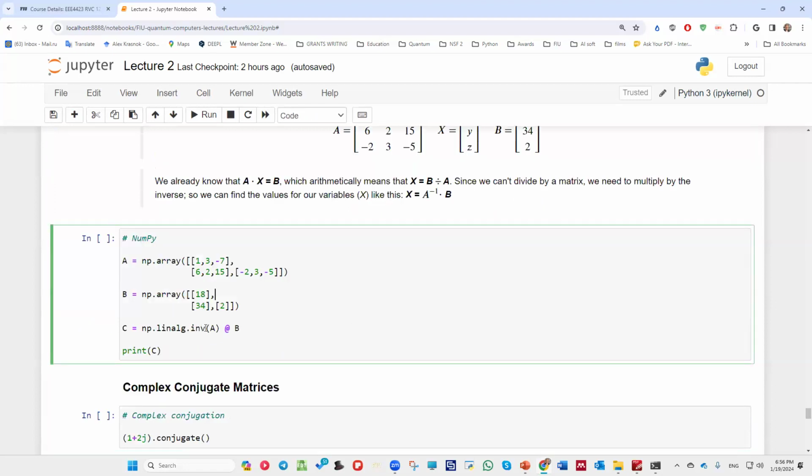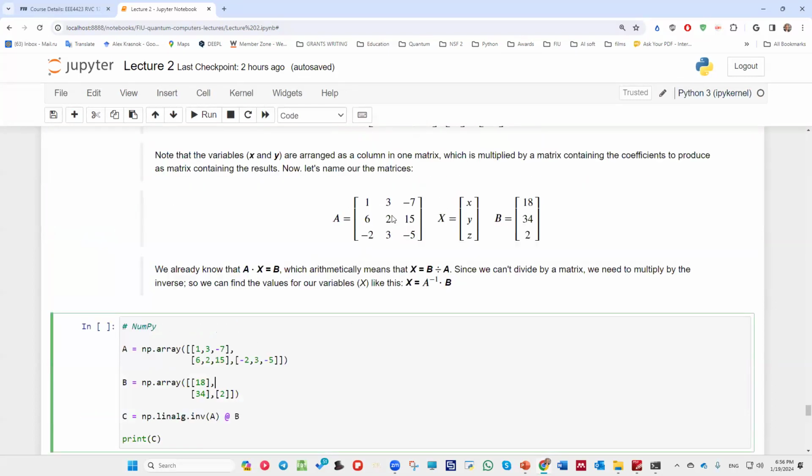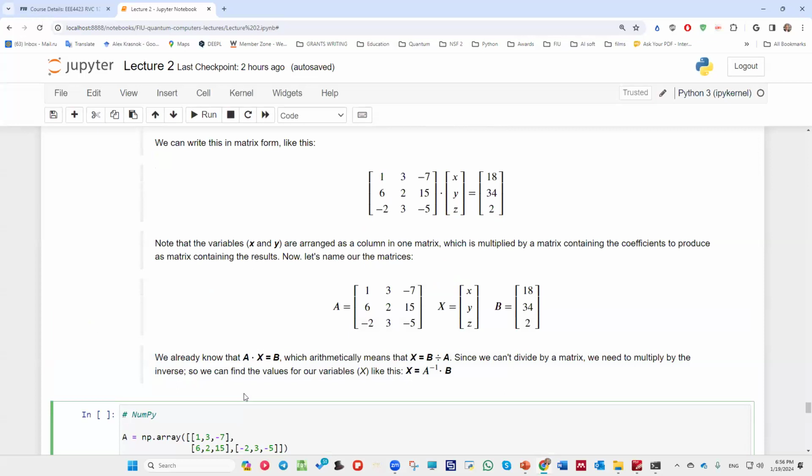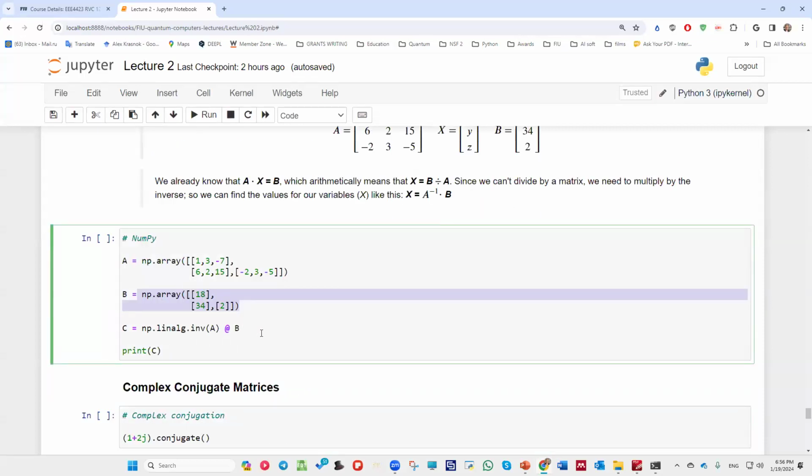Okay. So for example, this is an example for this particular case: 1, 3, minus 7, 6, 2, 15, minus 2. Yeah. So this is the matrix A. This is the vector B, and I ask Python to find the inverse of this matrix A, right?